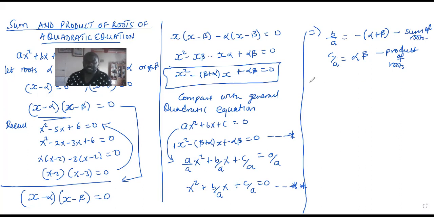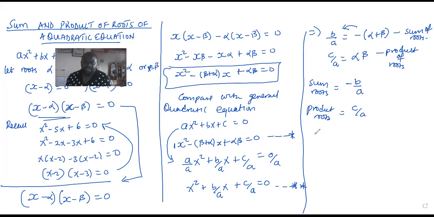So what does it mean? It means that the sum of the roots is always equal to negative b over a, because I've taken this negative this way. Then the product of the roots is always going to be c over a. So we have been deriving this expression.